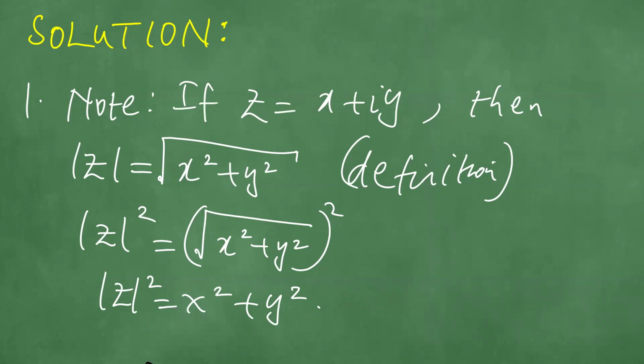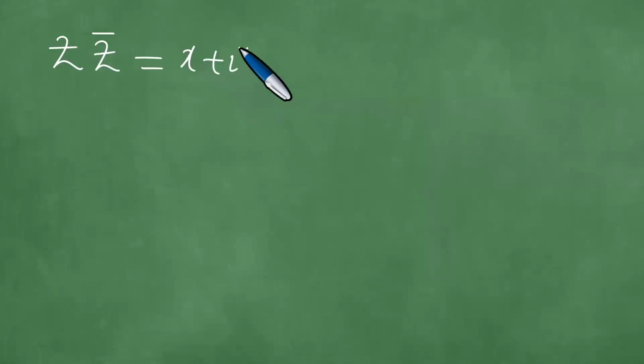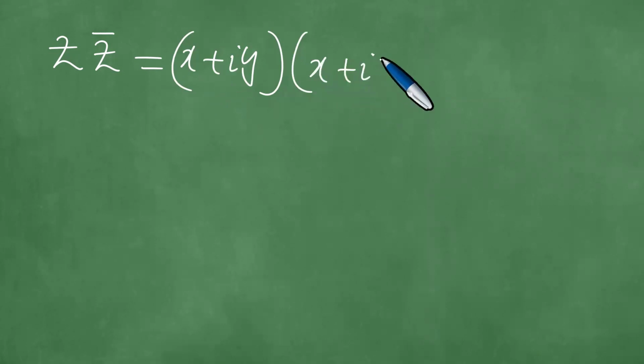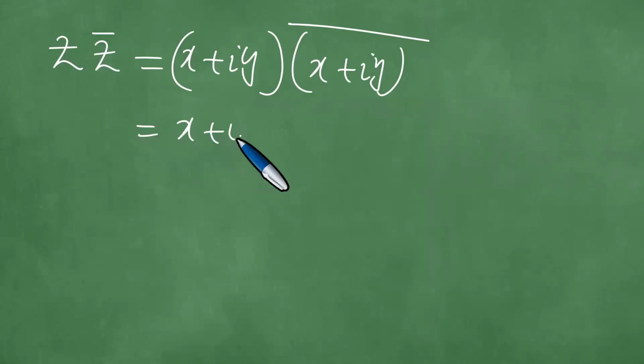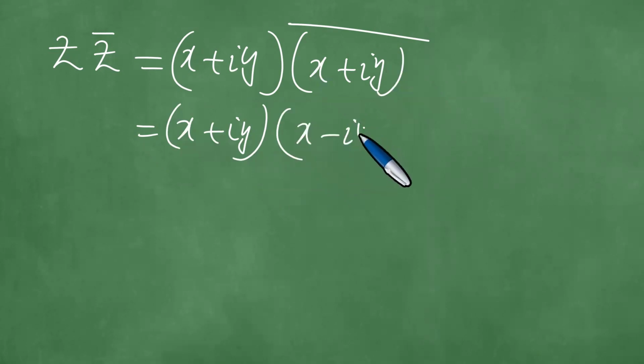But there's something that I want us to discuss as well, because of z times the complex conjugate of z. Okay, z is x plus iy, but its complex conjugate is x minus iy. Just commenting on the notation of the complex conjugate.